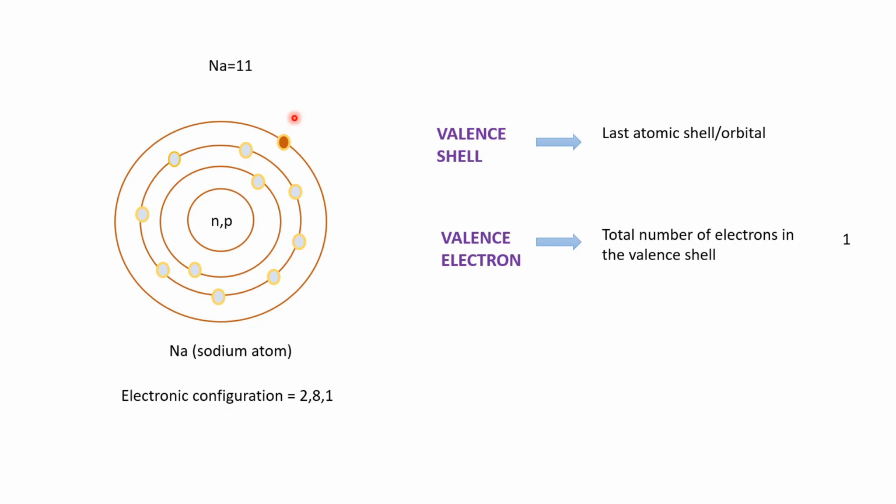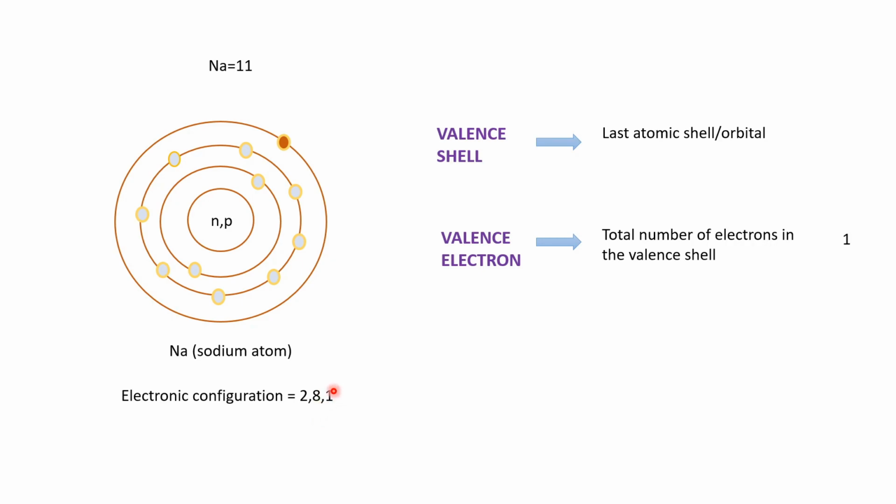Now suppose this 1 electron goes out of this atom. Why will this electron go out? As I explained earlier, in the third orbital the total electrons to be accommodated were 18. According to that electronic configuration, this atom is not stable in 2, 8, 1.